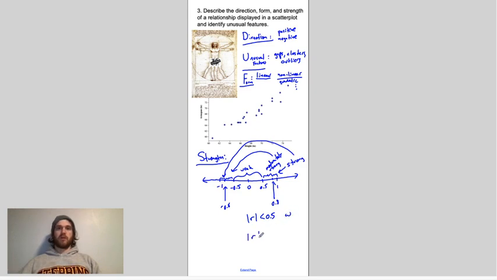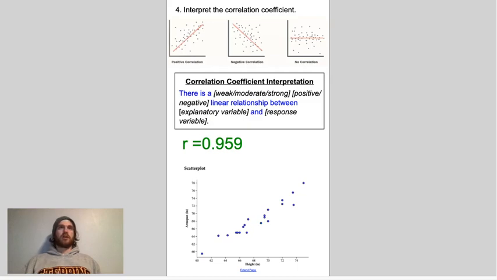If the absolute value of r is greater than 0.5, that's moderately strong. And if the absolute value of r is less than or equal to 1 and greater than 0.8, we'll call that strong. Okay, so this is how you describe a graph. It's also coincidentally exactly how we interpret r.